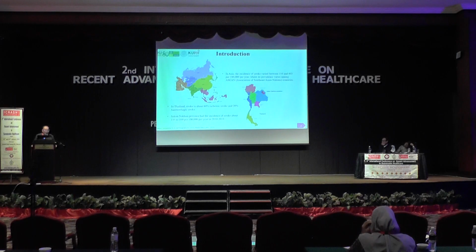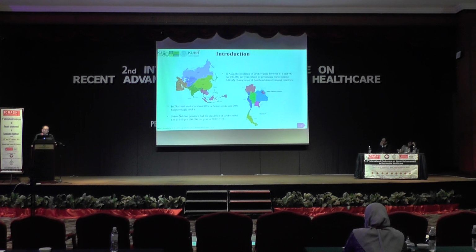In Asia, the incidence of stroke varies between 100 to 480 per 100,000 per year, and the prevalence also seems to be increasing. In Thailand, there are more than 150 stroke patients per 100,000 population per year.